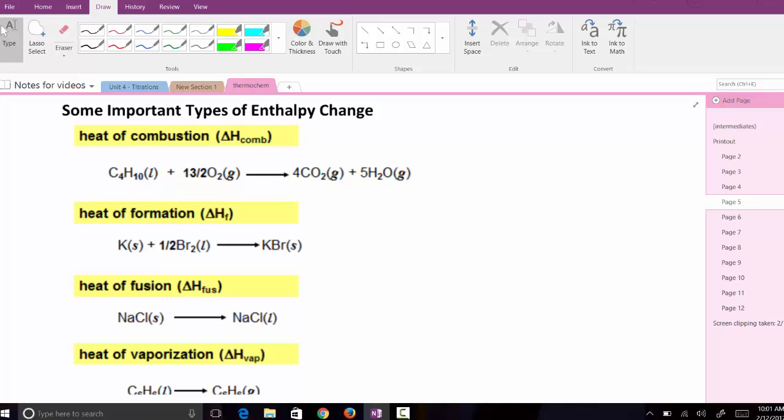Likewise, heats of formation, and we're going to talk a lot more about those later on in the unit. A heat of formation is the delta H for the synthesis reaction where you are producing a compound from its elements, and it's always balanced so that there is a coefficient of 1 on the product. So a heat of formation for a substance is the energy required to produce 1 mole of that substance from its elements.